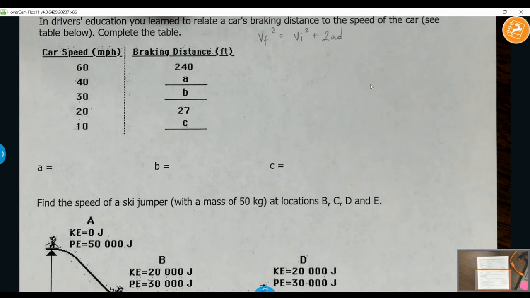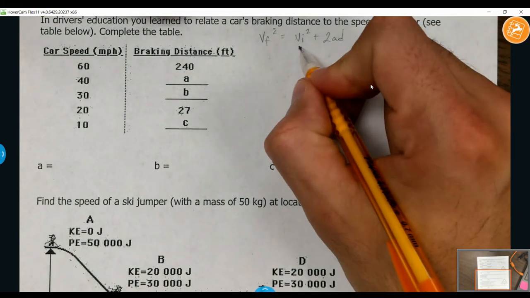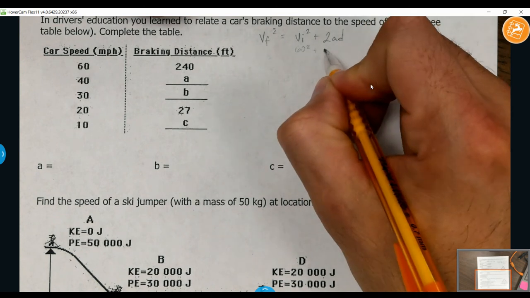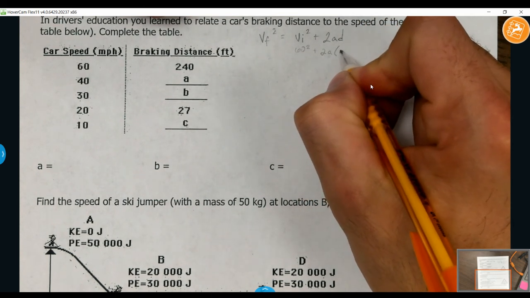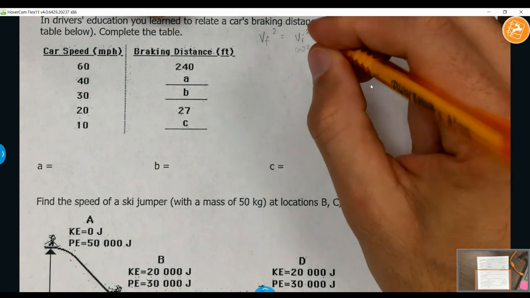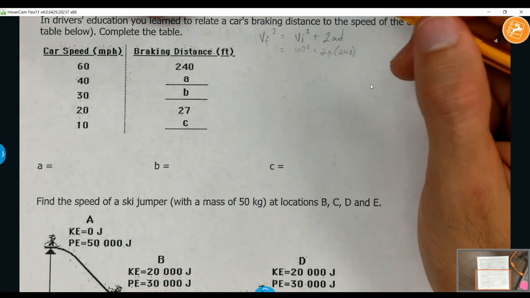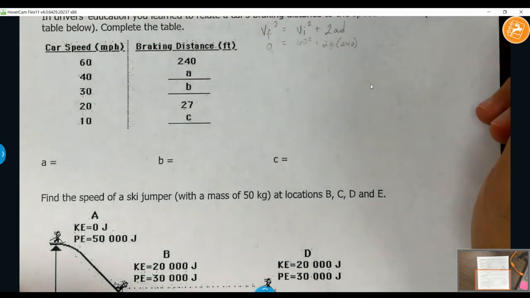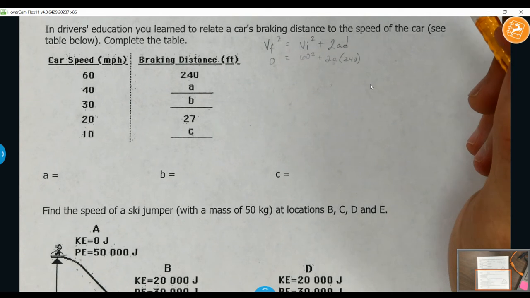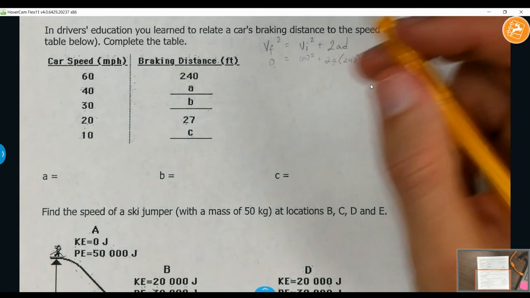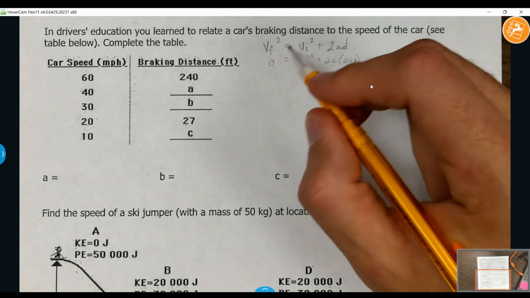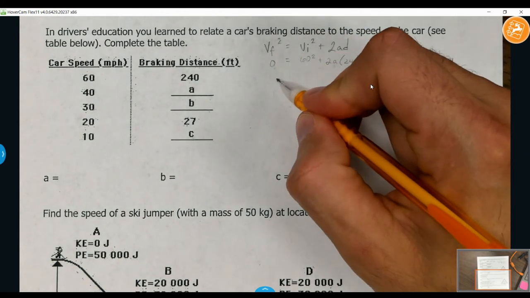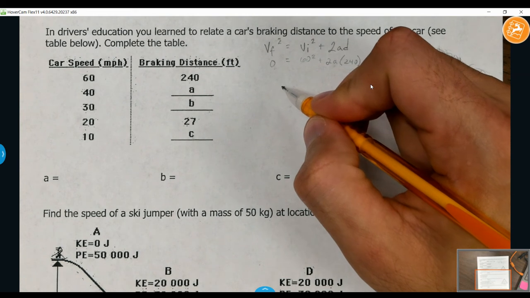So if you know what this guy is, it's 60 squared plus 2a times 240. Miles per hour. Velocity here, v0, is our stopping point. So kind of just reverse this out, subtract it over here, you're going to get negative 0 minus 60 squared, but when you square that negative, it's going to drop out.